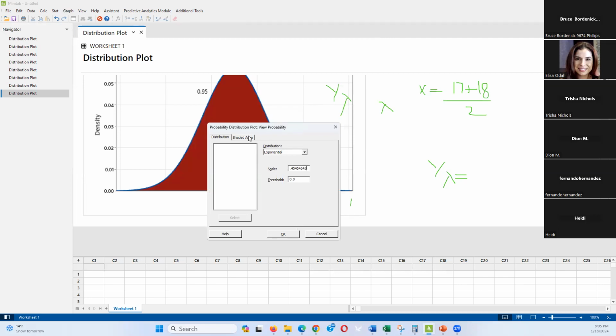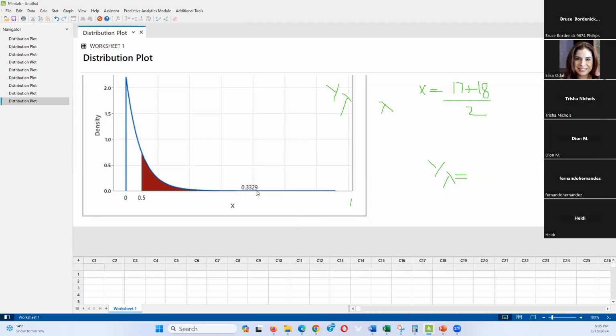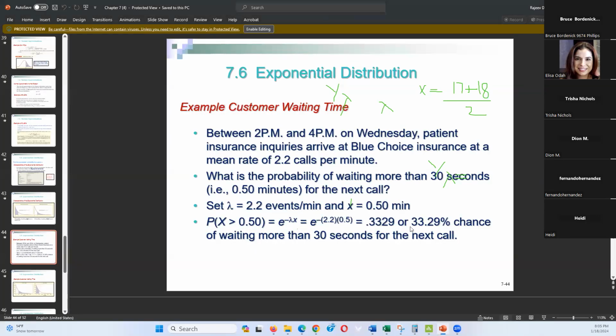I need an x value of 0.5, because half a minute is 0.5, and we need the value more than half a minute. And we get the value 33.29%, or 0.3329.